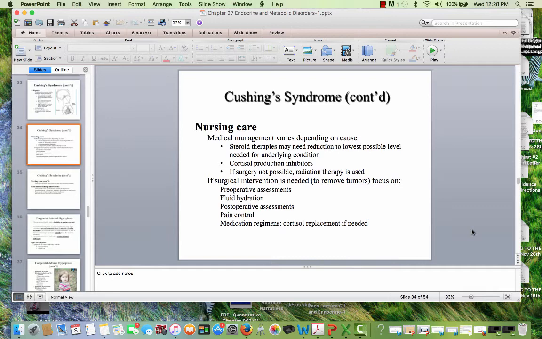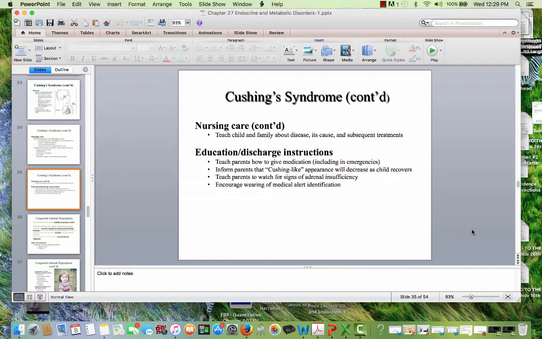Now, if surgical intervention is needed to remove the tumors, because remember I said most of the causes are either steroid induced or these tumors, which are usually tumors, adrenal hyperplasia, and benign adrenal tumors. Then preoperative assessments, fluid hydration, and postoperative assessments are the regular trajectory that we would use for any pre- and post-surgical patient. And then the medication regimen is usually cortisol replacement if needed.